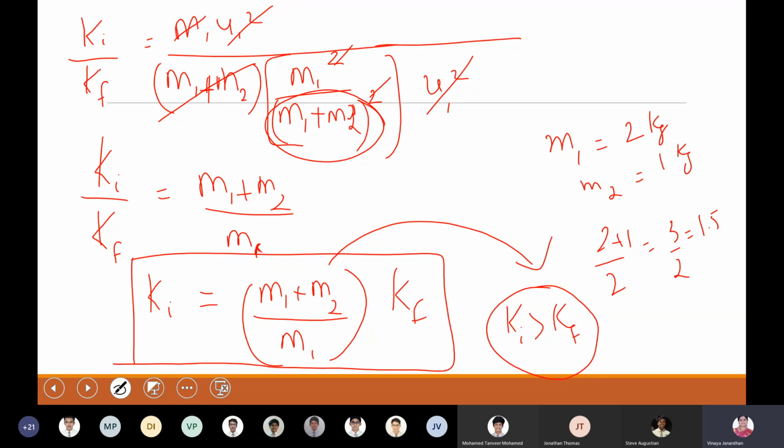So Ki will be greater than Kf. Remember, in this case U2 is equal to 0, right? U2 is 0, correct. Now you're only substituting, so this quantity will be 0.